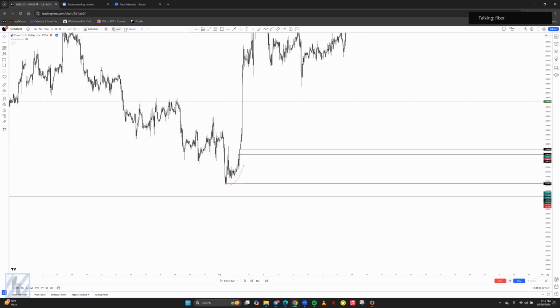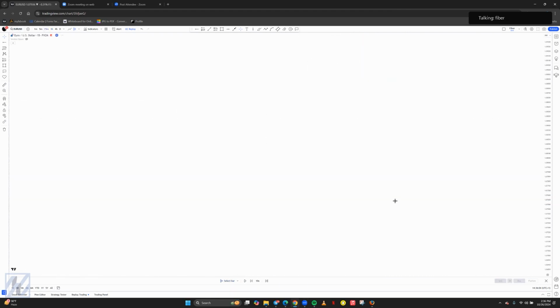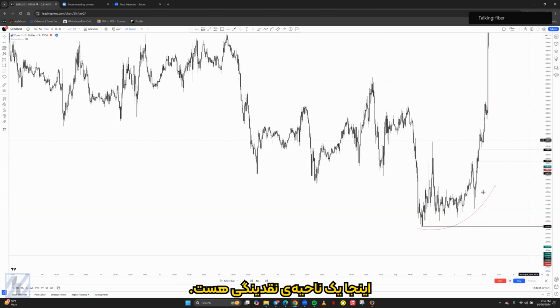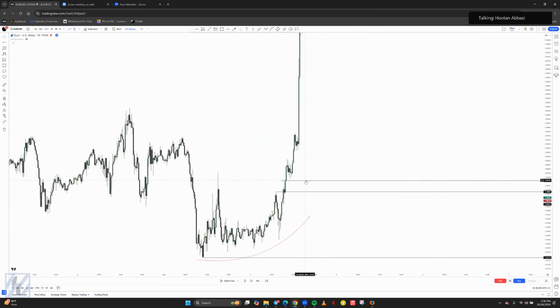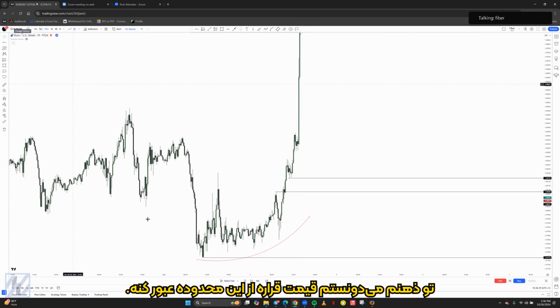Okay, so let me start the explanation from here. Then on the 15 minutes time frame, there's a liquidity right here. Just this liquidity. It is a 15-minute liquidity. I knew in my mind that price is going to bust through this low.